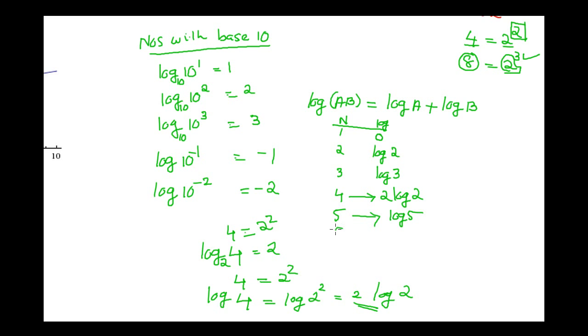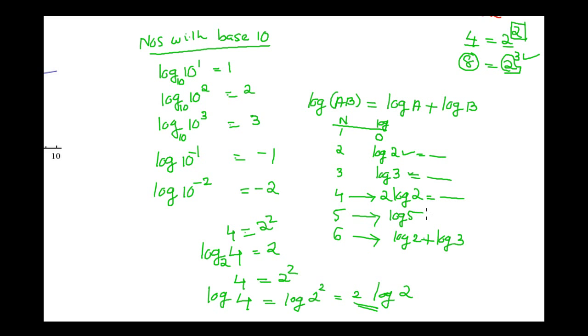Now what about 6? Log 6 can be written as log 2 plus log 3. If you know the value of log 2, then we can substitute here, you get a number. If you know the value of log 3, you can substitute here, you get a number. Now log 2 is already known, then 2 log 2 can be computed.